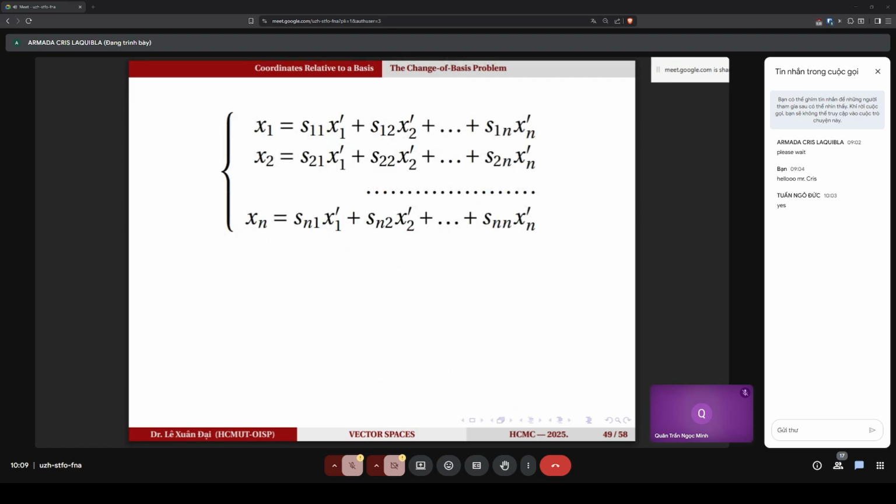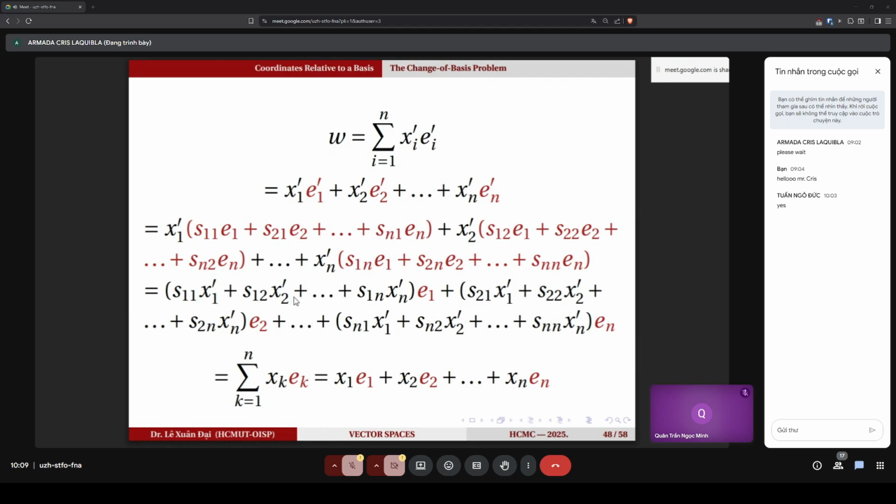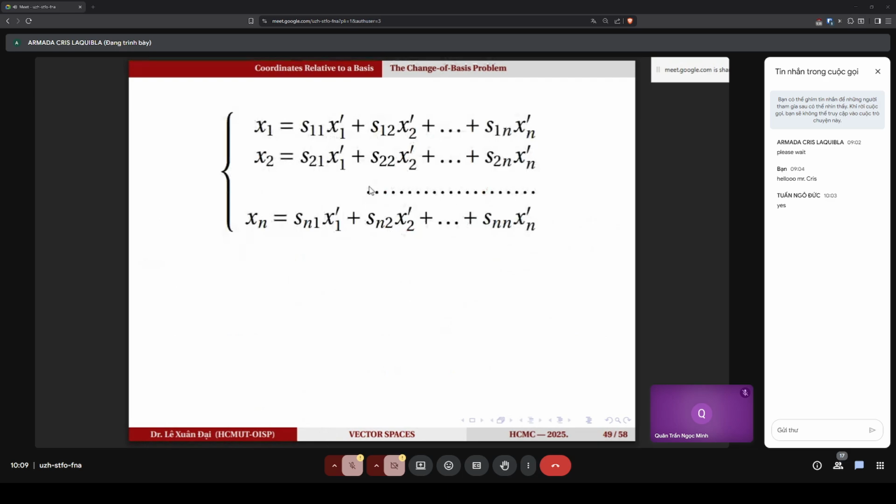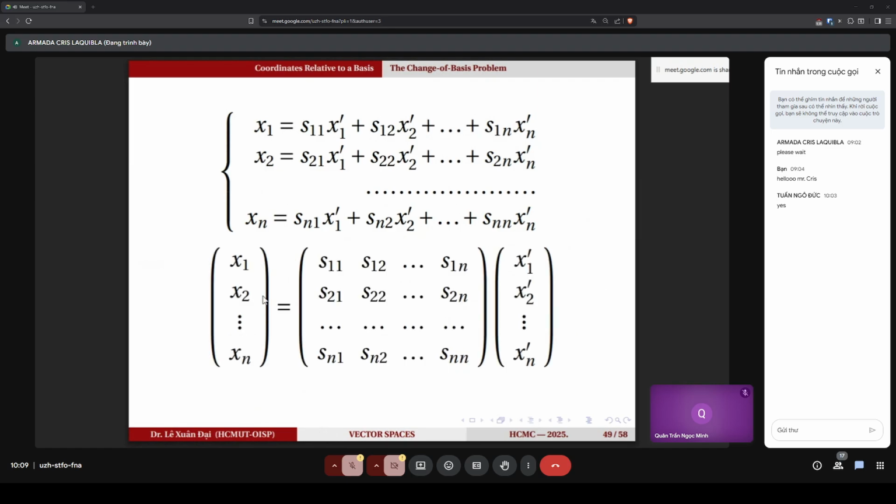So your x1 here is equal to this with the x1 prime, x2 prime, xn prime, and x2 until xn. Now you have your xi's equal to your S, your transition matrix, times x1 prime, x2 prime, xn prime. And this is actually your coordinate vector with respect to B. We have w_B, and this one is the S, and then this one is the w_B prime.